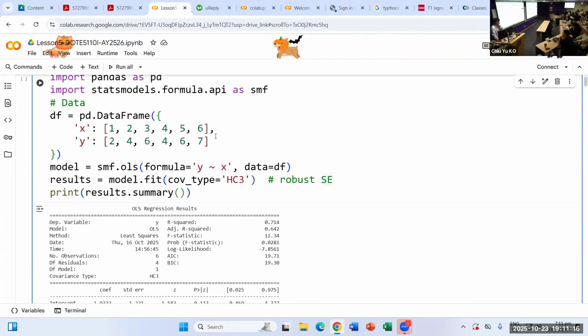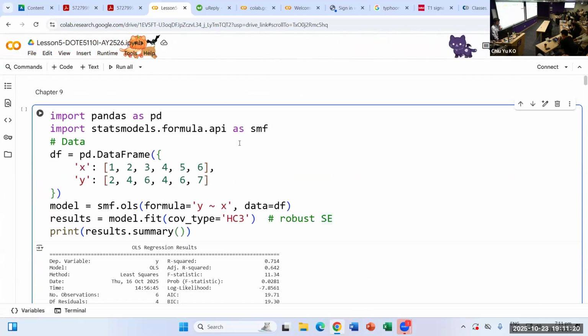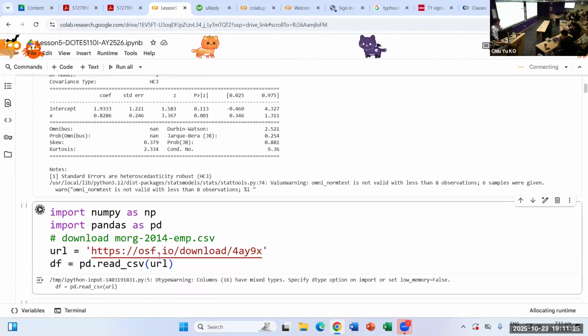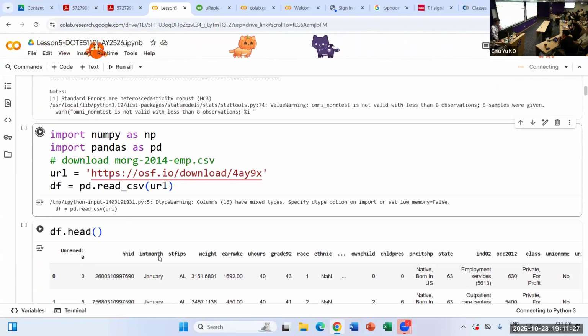Last time we... where am I? So this data. Make sure that you swap, because the OSF changed their logic, so you have to swap a little bit.